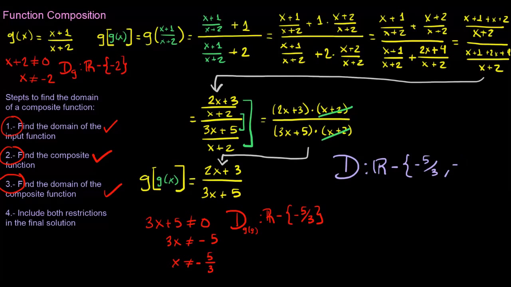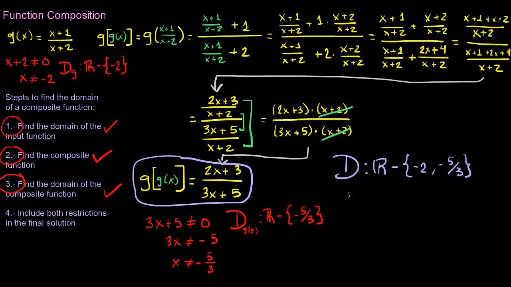Well, actually, I should write it properly. It would be a negative 2 and negative 5/3 here, and that will be the final domain. Now we got here our g of g of x, and we got our domain, and that will mean that we are done.